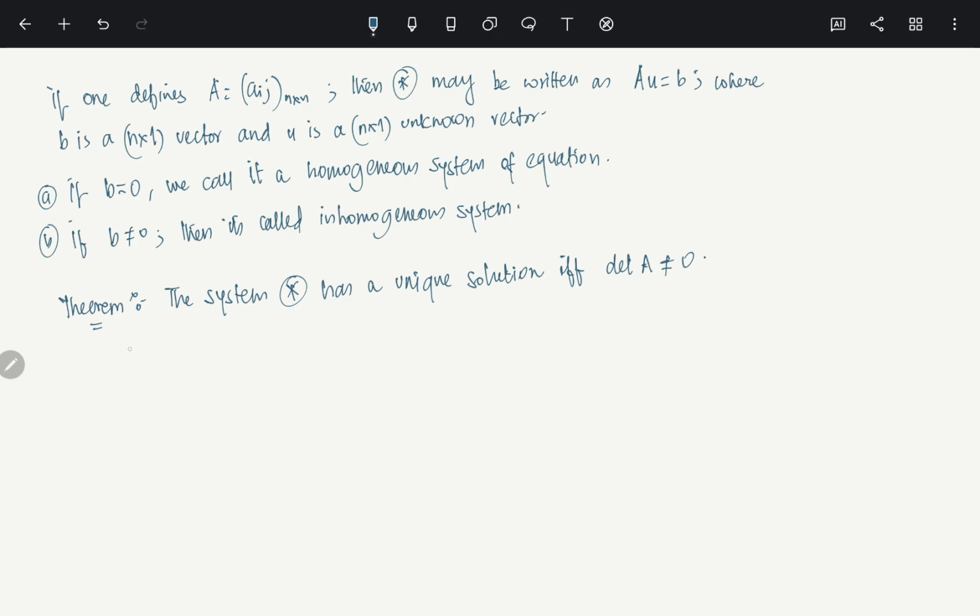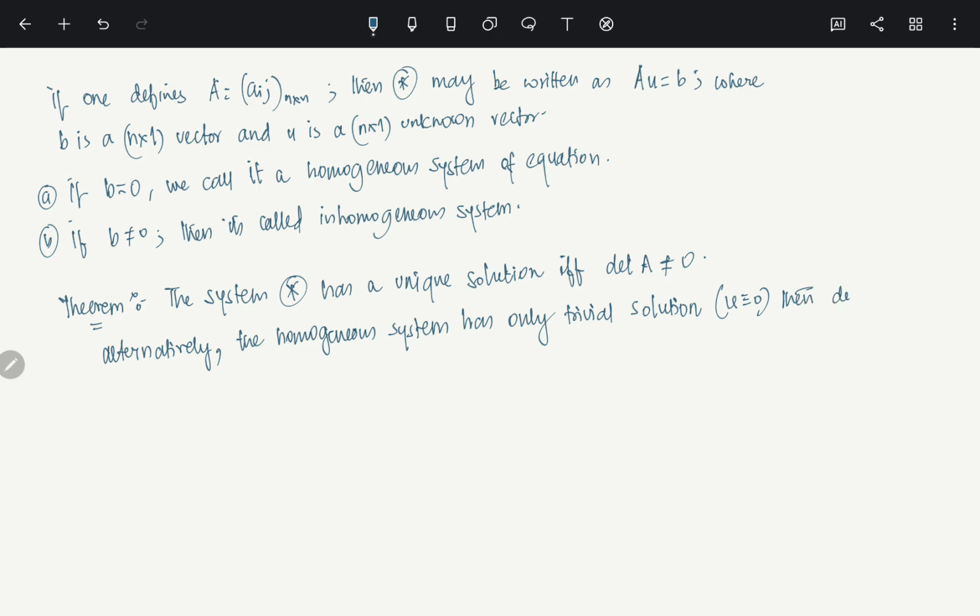We can also say alternatively that the homogeneous system, so B equals 0, has only the trivial solution, meaning U is identically equal to 0, if and only if the determinant of A is non-zero.